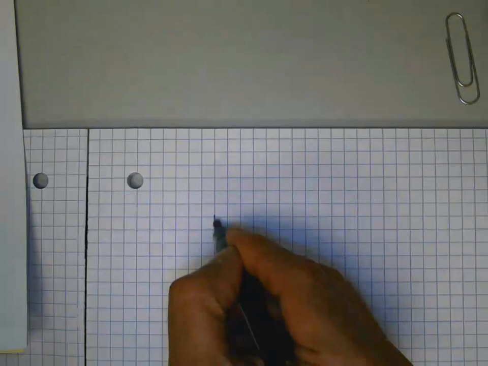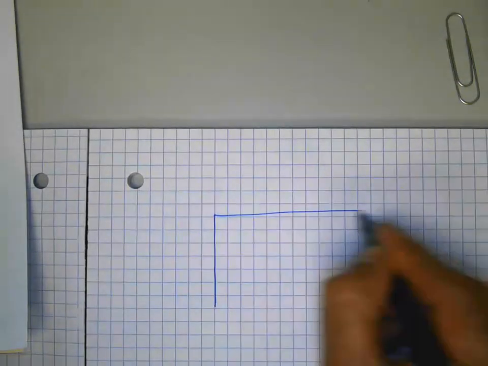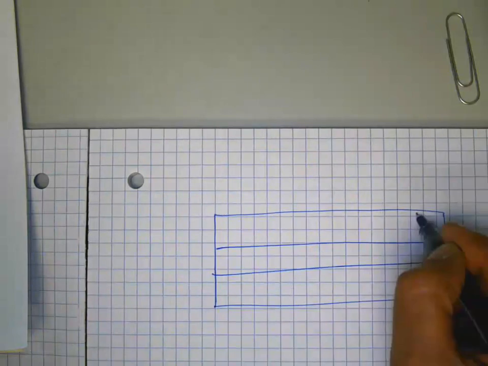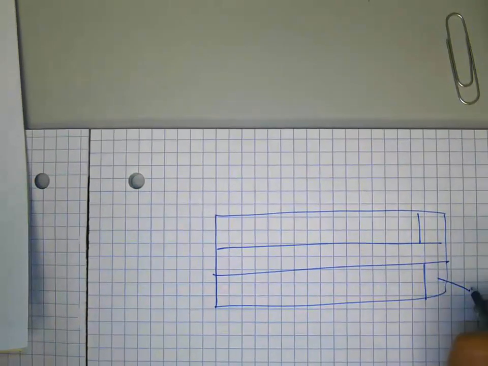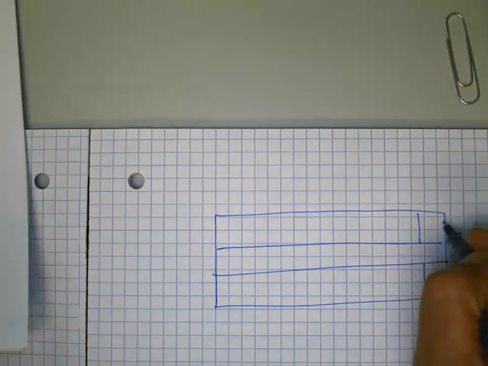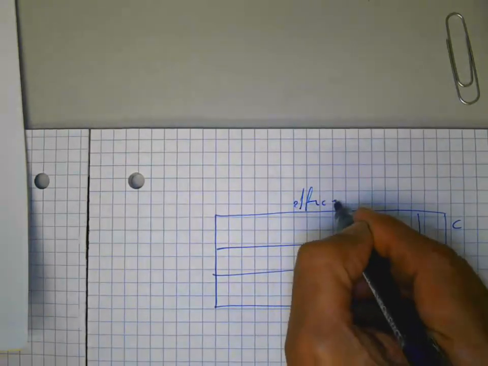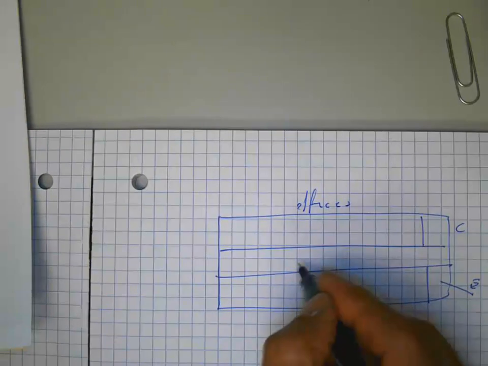And so let me put them basically for the bus. If this is the elevator, and here's the closet, and these are the offices on both sides, and this is the corridor.